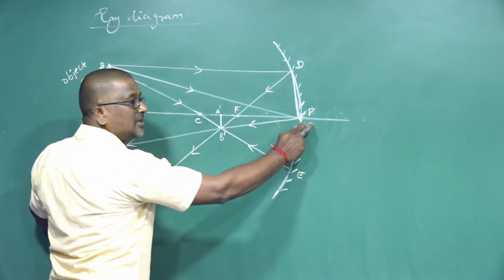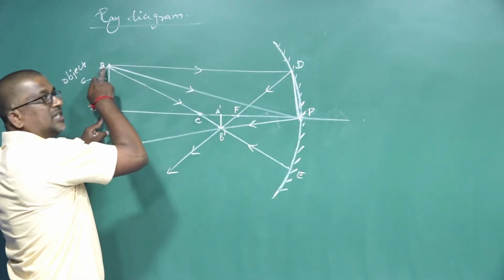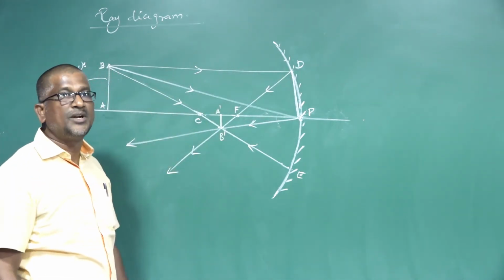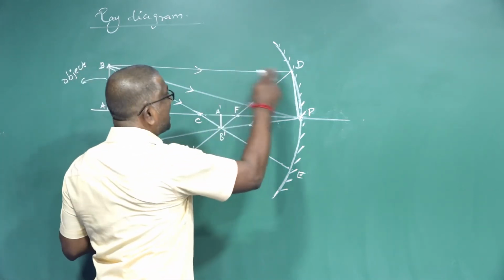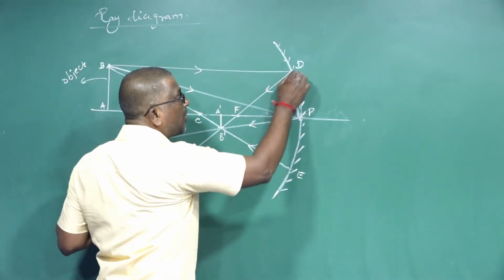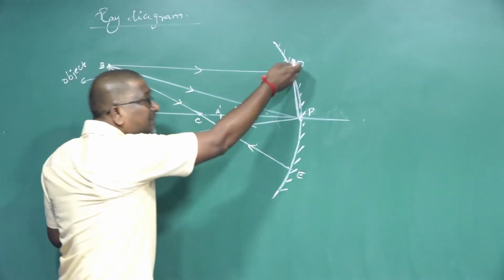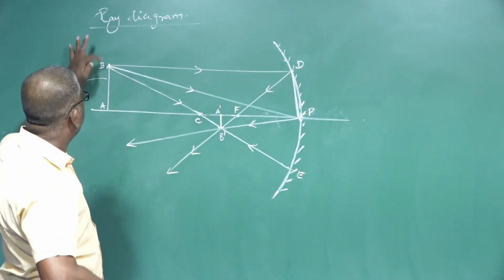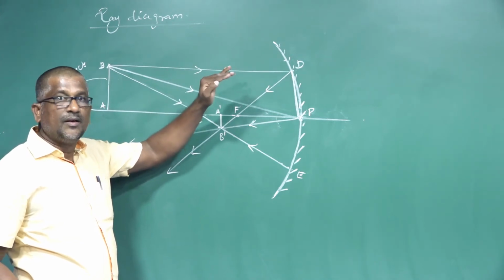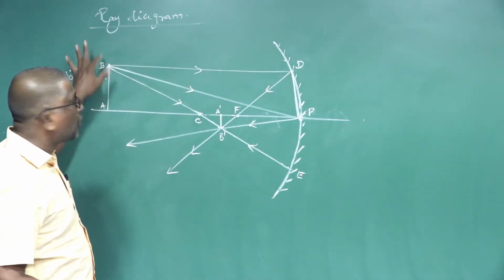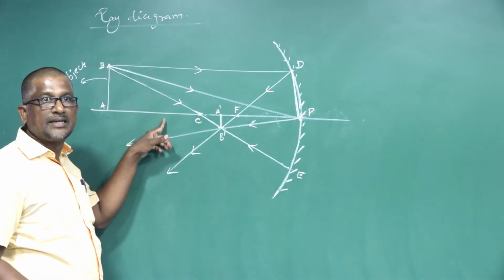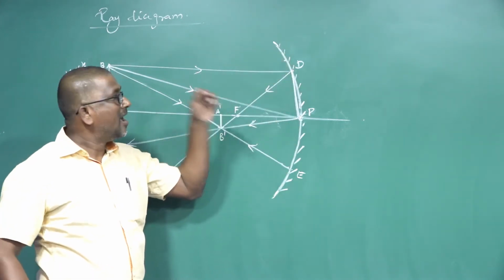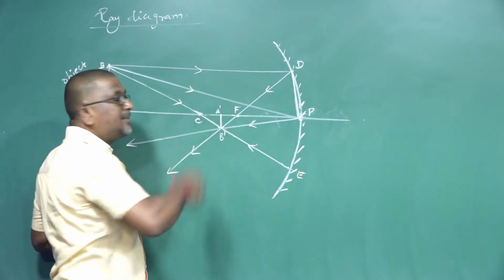It is incident on the concave mirror at point D. After the reflection, it travels along the DB dash direction.